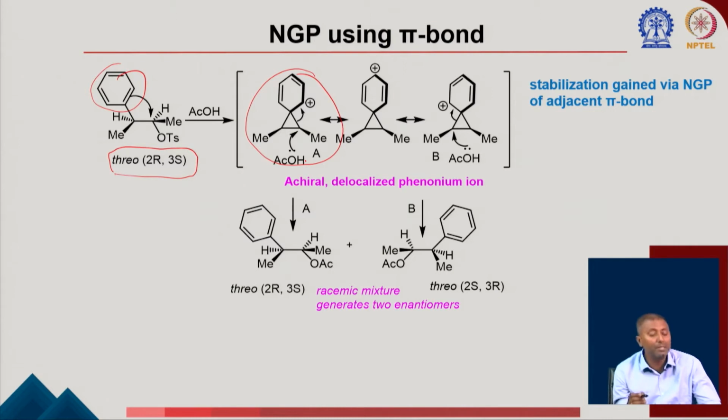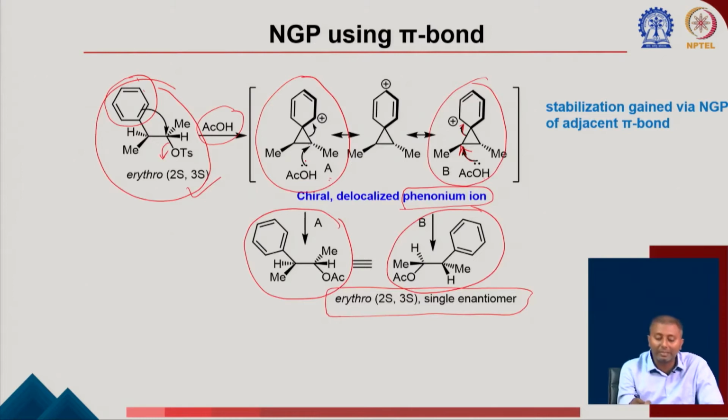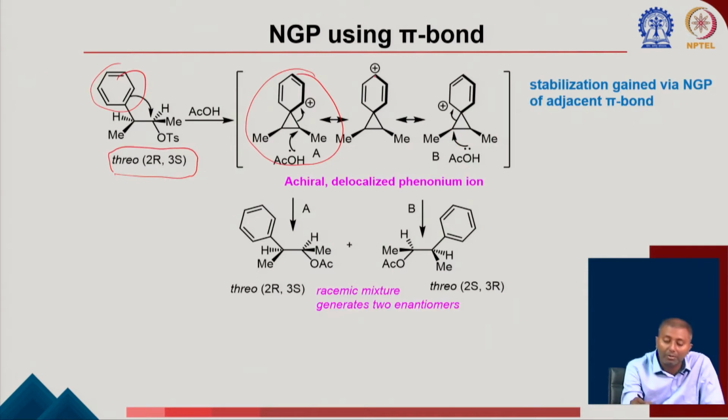In my previous slide, the phenonium ion had only a C2 symmetry and no other symmetry element. But in this one, there is a sigma plane passing through it. So this particular phenonium ion is achiral.